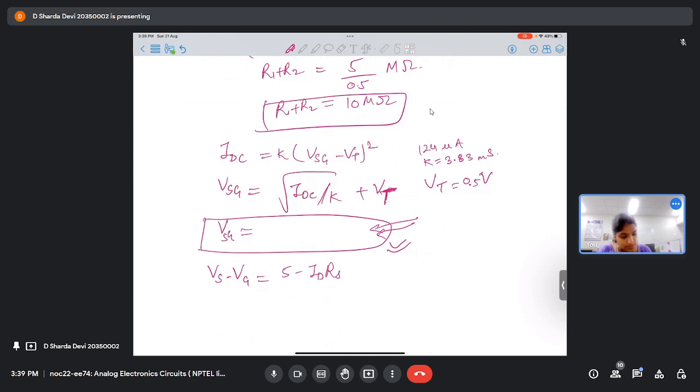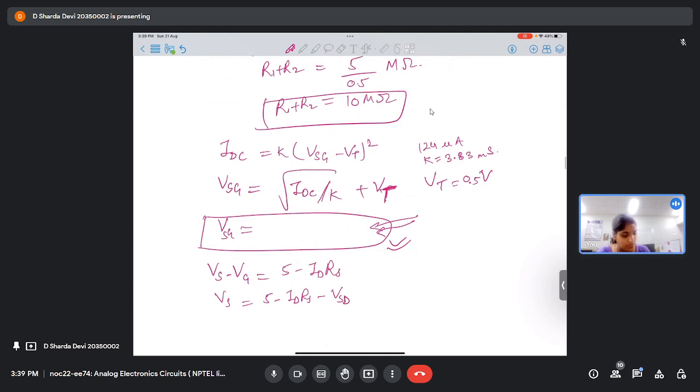And then for Vs, it can be written as 5 minus IDRS minus VSD. VSD will be how much?